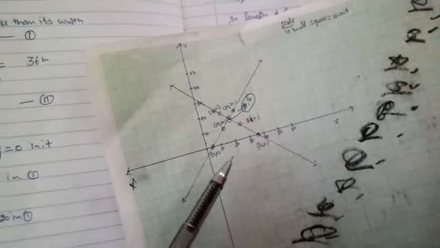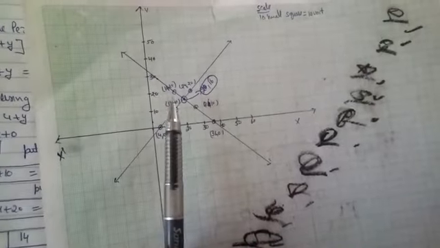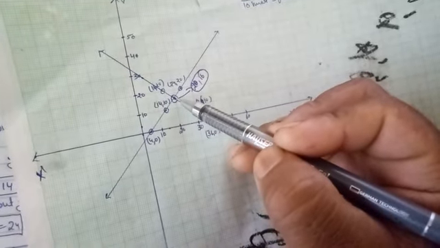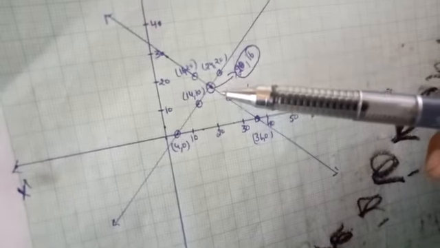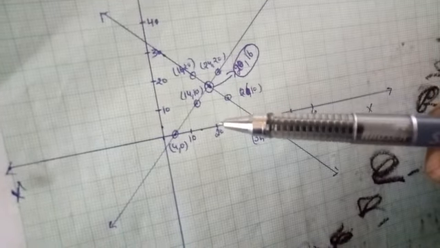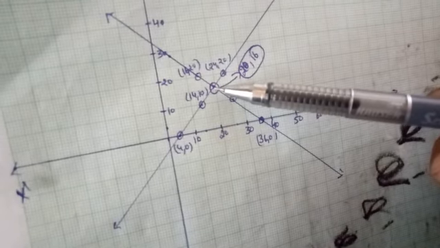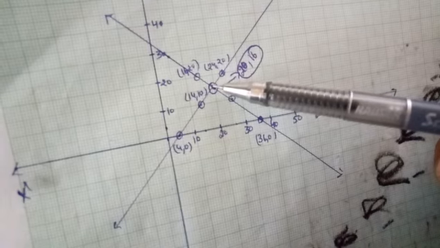Again, by plotting the graph using these two tables, we got this graph. We observe that these lines intersect at this point. That means this point is the solution of the given equations. If we look carefully, the lines intersect at the point where the value of x is 20 and the value of y is 16.